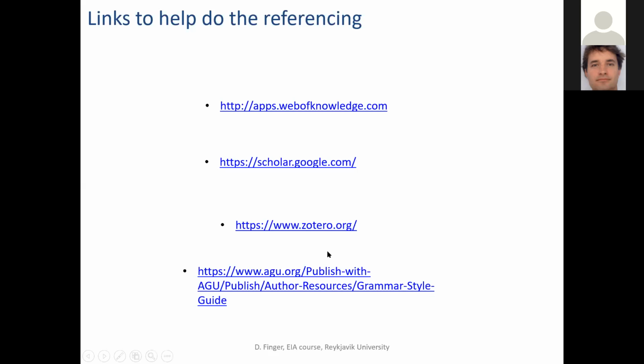If the report comes from a company and they don't list a specific author, then it's important that you name the name of the company in the text and the year, and in the final references at the end, you put in again the name of the company, the year, the title of the report, and then some kind of a report number or a referencing of the report, and then the city and the country of the company.